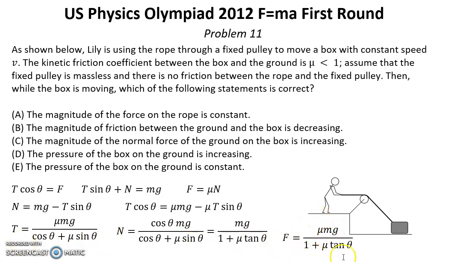If we look at this formula, we can say that when the angle is close to zero and increasing, the tangent is increasing, which means that the force of friction is always decreasing. For the same reason, the normal force is always decreasing. And the tension, if we investigate this function, has a minimum between 0 and 90 degrees.